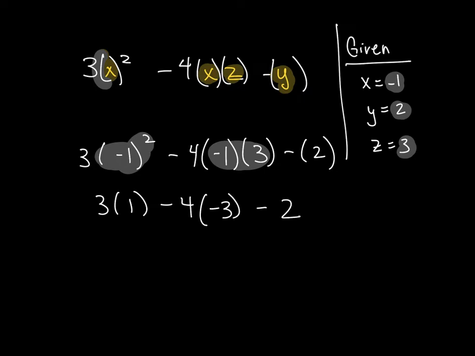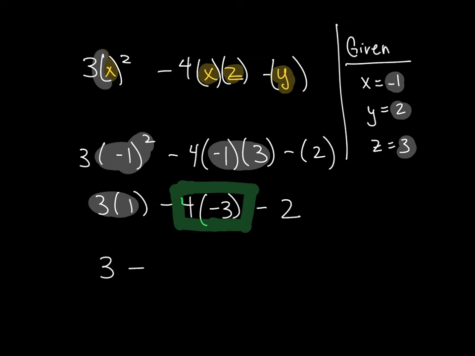I still have more multiplication in here. I still have my 3 times my 1, and I'm going to add some grouping symbols here to make sure that we're careful. I want to do 4 times negative 3, so that leaves me with 3 minus, and again, I'm only doing the 4 times negative 3, which is going to give us a negative 12.